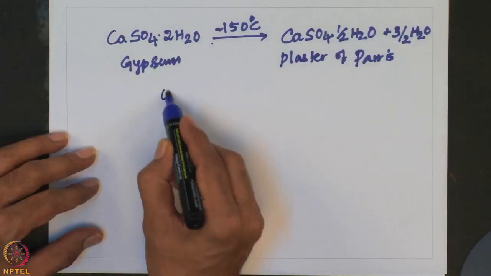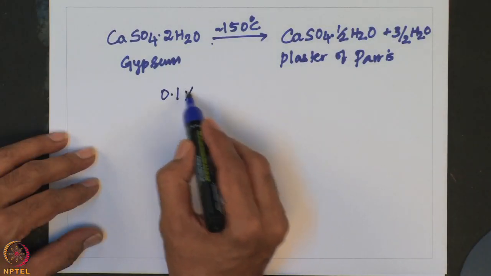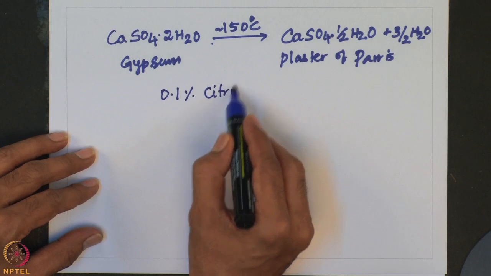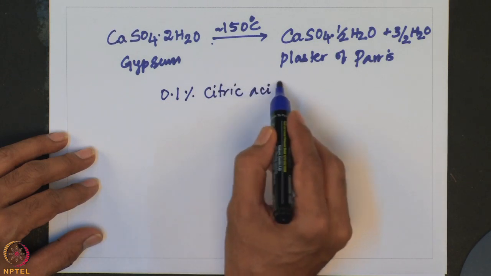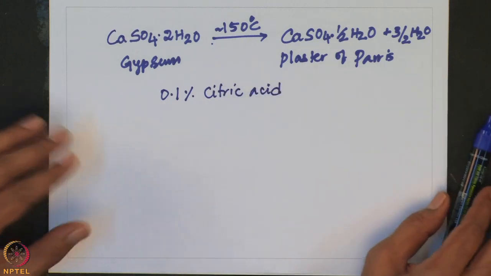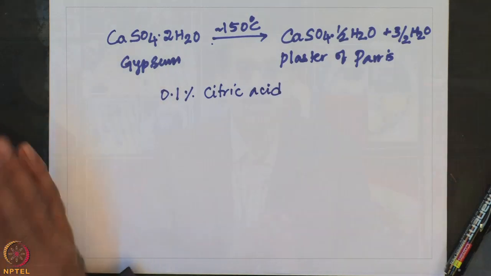The setting process of gypsum plaster may be accelerated or slowed down by a suitable additive. In this case, one can add up to 0.1% of citric acid, which is sufficient to retard the crystallization process. Gypsum plasters suitable for applying to walls have been developed, so that additives are already present with the hemihydrate. Building contractors commonly use prefabricated gypsum plaster boards and tiles.